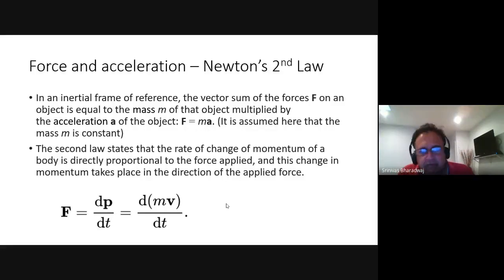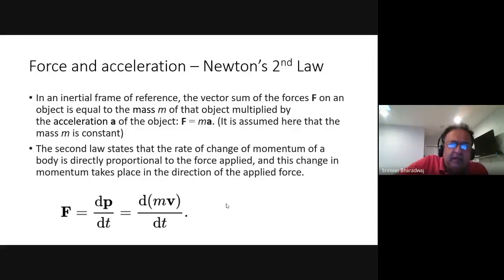Now, how long is the ball in contact with the bat? A very short period of time. During that period of time, what Virat Kohli has done to the ball is he has applied a force for a short period of time.